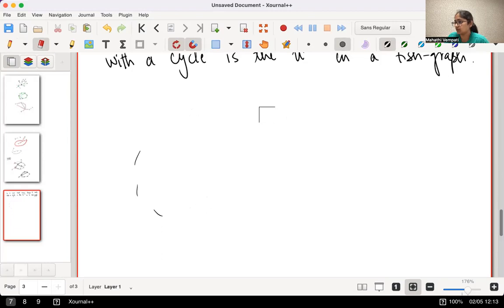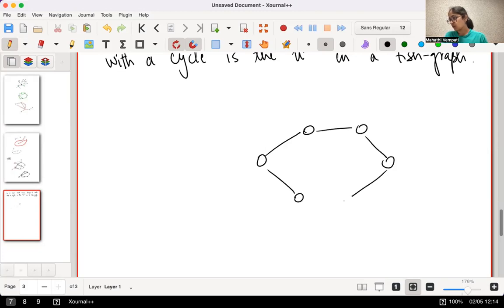Or maybe it will be more instructive to attempt to construct a graph with a node with degree 4 with a cycle, such that it's not a fish graph. But this is a fish graph node. We don't like that. So this has to be a neighbor of this.